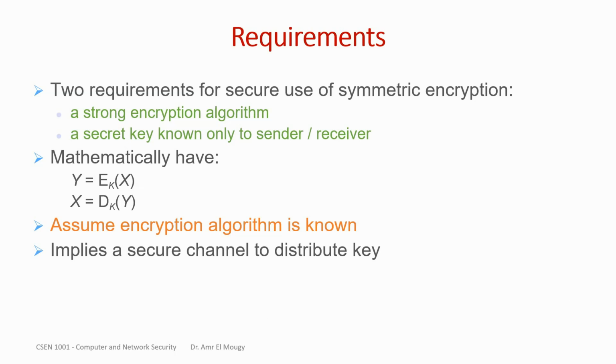The second requirement is that it needs to rely on a secret, which is the symmetric key itself, known only to the sender and the receiver. Again, the exchange of the key itself is not part of the algorithm, but the key has to exist. There is no encryption without the key. Also, the decryption uses the same key, and it is the opposite of the encryption system.